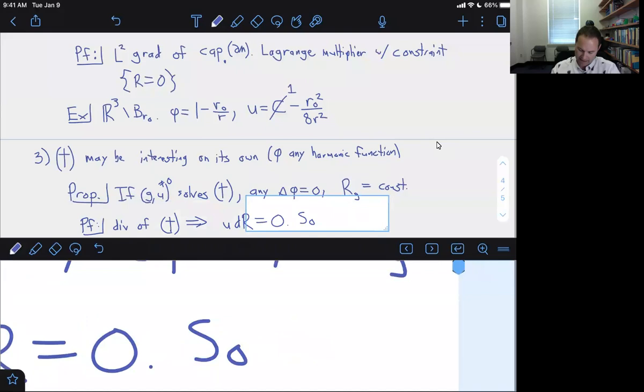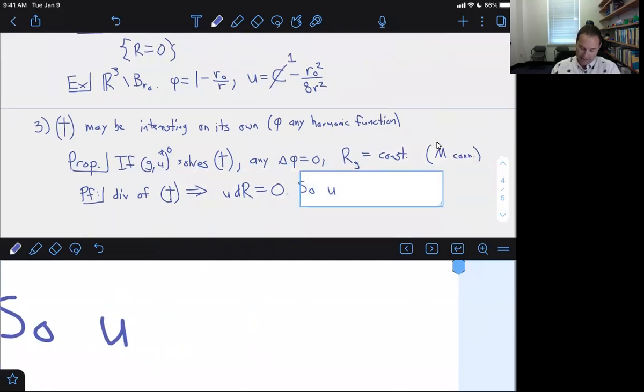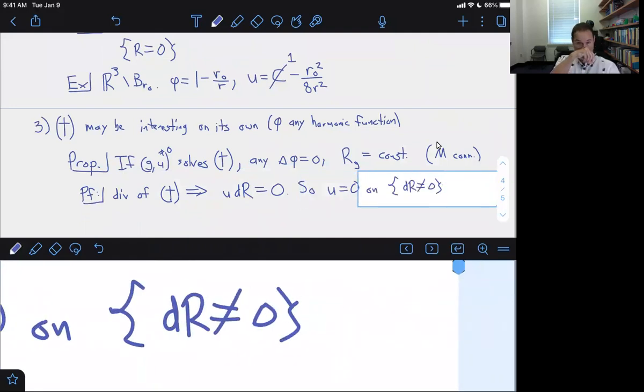What's going on there is that if the scalar curvature is not constant, by the way, I'm assuming of course M is connected here for this to work out, then U is 0 on this open set where the scalar curvature has non-zero derivative.